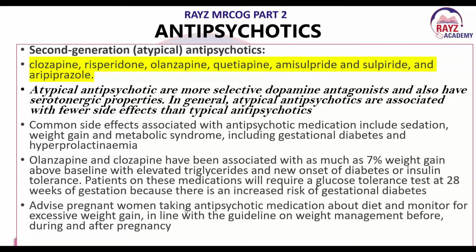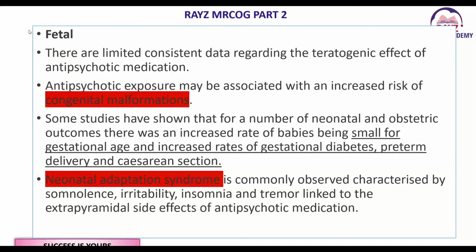So these are some of the side effects. With regards to the fetus, they can cause what we call neonatal adaptation syndrome, where the baby has irritability, insomnia, and tremors linked to extrapyramidal side effects. The baby can grow small, so you may say that we will offer you serial growth scans also.